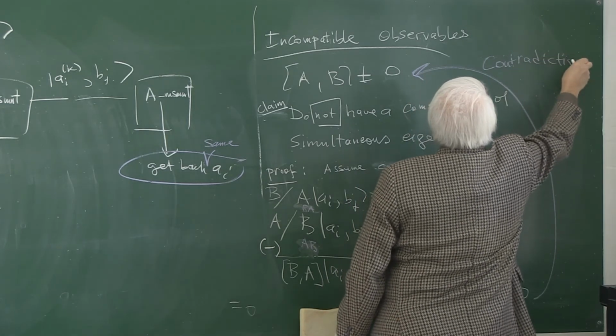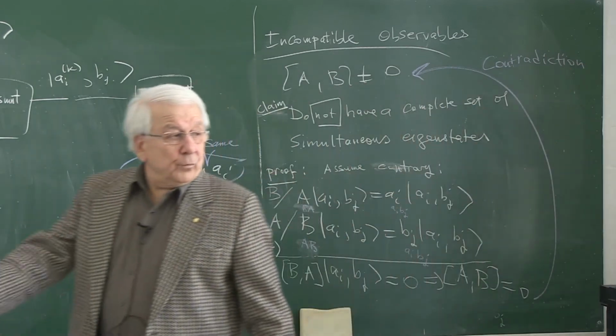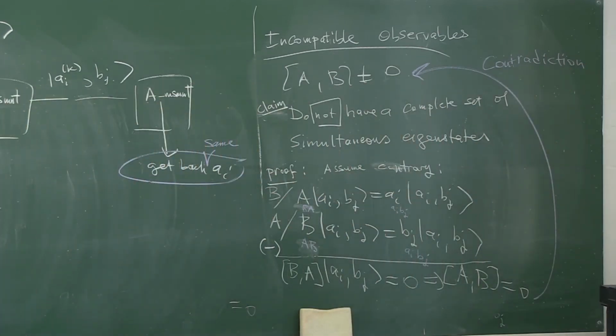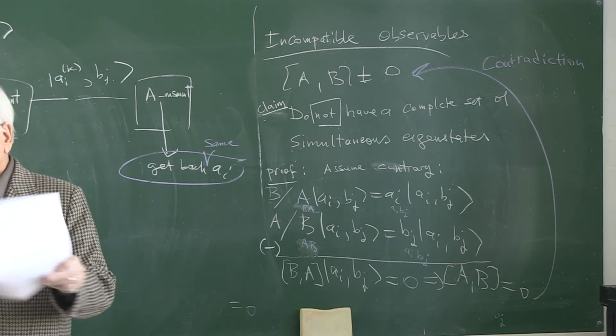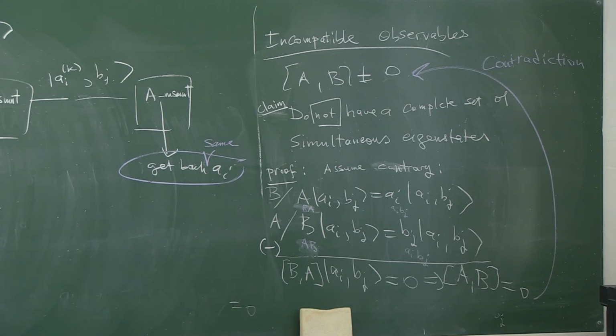That's the proof. If assuming the contrary, you get a contradiction, that's a nice mathematical type of reasoning, then your theorem should be true. So that assumption was not correct, so you don't have a common set of eigenstates. Let me illustrate this on a quite well-known exception. Sometimes you may have exceptions to these.